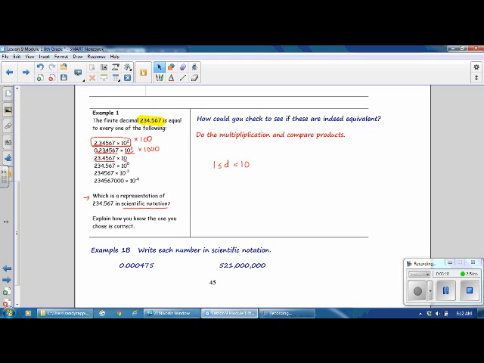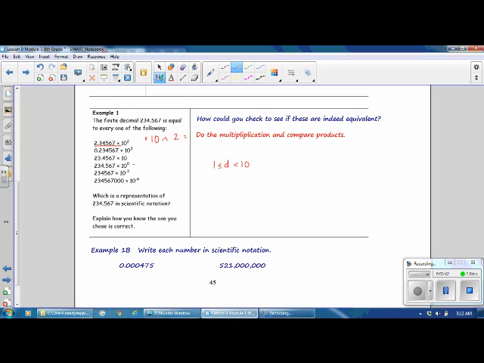So I would challenge you to pause the video and to take your calculator and multiply some of these out. When you enter these on your calculator, you'll want to make sure that you use your exponent key, such as this. You would enter 2.34567 times 10 to the second power equals.